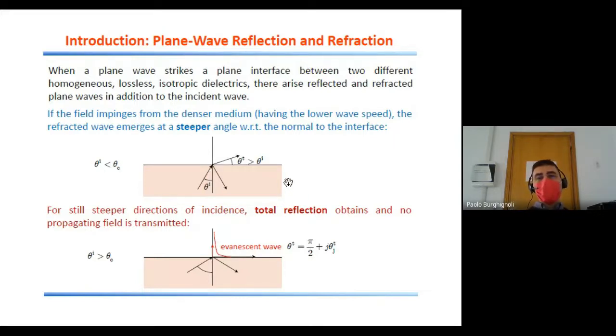So what happens is that if you now increase the incident angle, you will arrive at a critical angle for which the transmitted ray will be emitted at a grazing direction. That is, the transmitted angle will be equal to pi over 2.